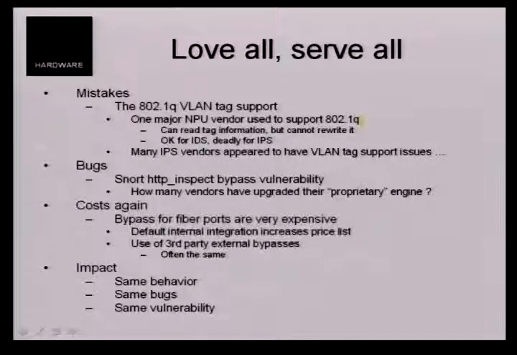So everybody said, okay, let's build our IPS on top of it, and IDS also, it was all the same. And the problem here is that it was good for IDSs because it was able to read these tags, but it was not able to rewrite them. So it means that on your IPS, it could read the data, but could not send it back on the right VLAN. So it's just a black hole.